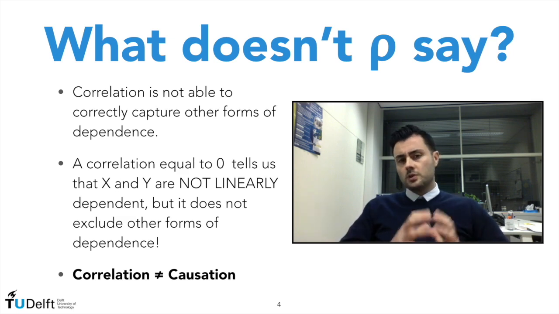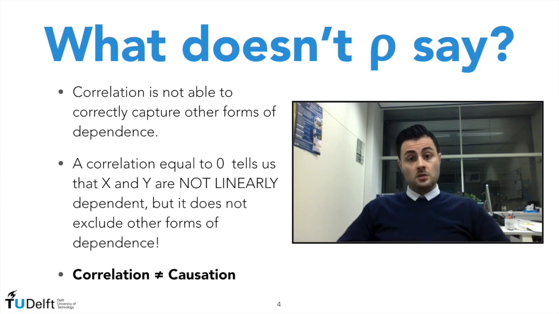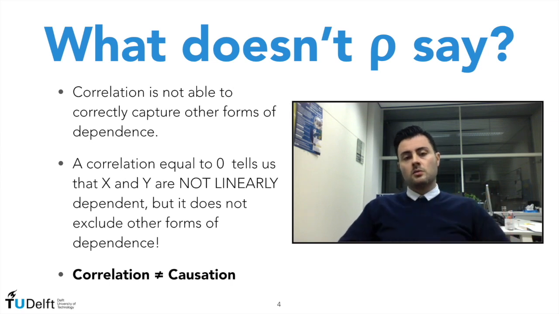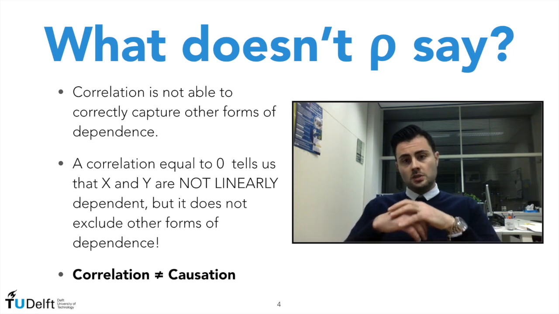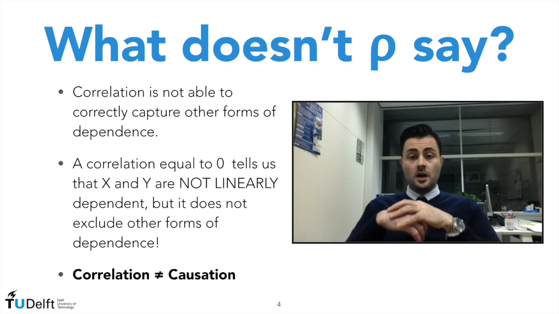So it's very important never to read correlation in the wrong way. If I know that x and y are correlated, I can say that they move jointly in a given way. I can give interpretations about their joint behavior, but I cannot say that one generates the other.